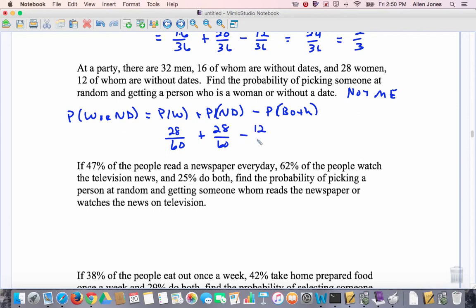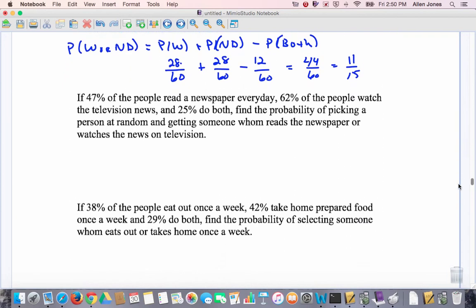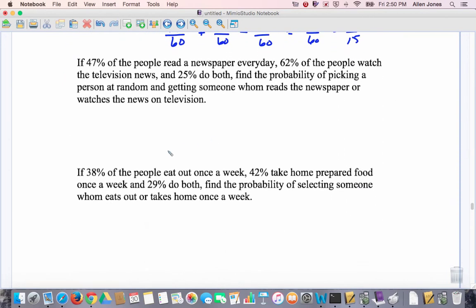And we subtract out that overlap of 12 women who don't have dates. So again, those 12 women were added to women, added to no dates, so we have to subtract those out. And we get 44 out of 60, and that would simplify then to be 11/15. Again, noting that our fractions are always put in simplest form.